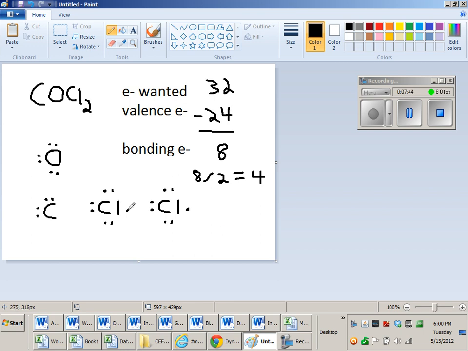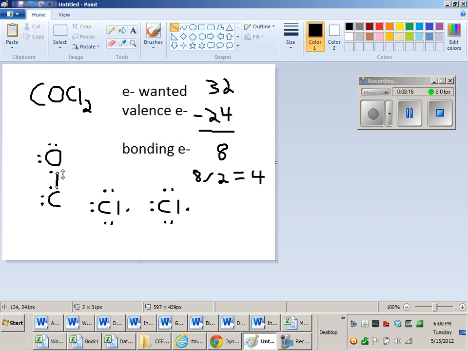I know that each of these chlorines is going to have a bond to something, and I know that oxygen can make two bonds. So I'm going to start with carbon as the central atom, and we'll see if that works out. Oxygen could share an electron with carbon to form a bond. So I'm just going to draw lines between the electrons to show that they're being shared. There we go.